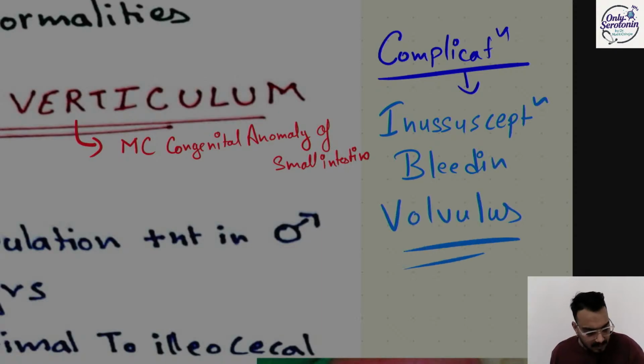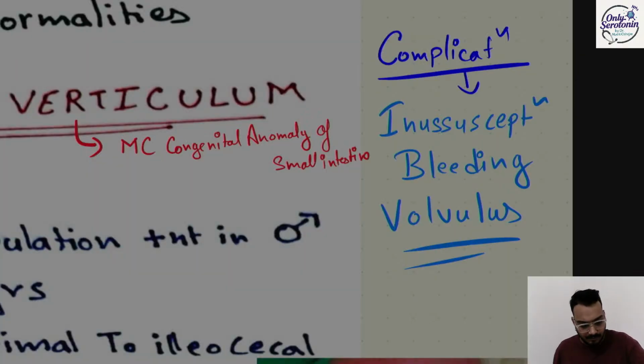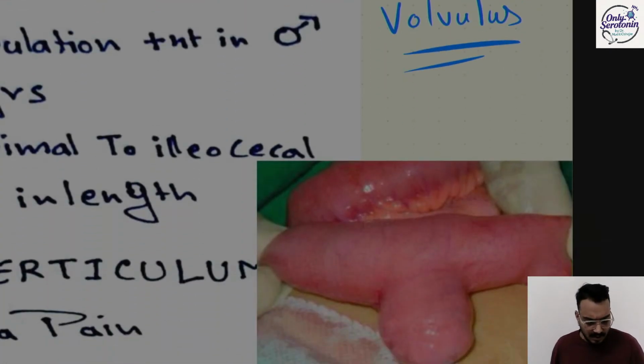What are all these three things? We will discuss it later. Now it is not important. Patient can have intussusception, bleeding, and volvulus.